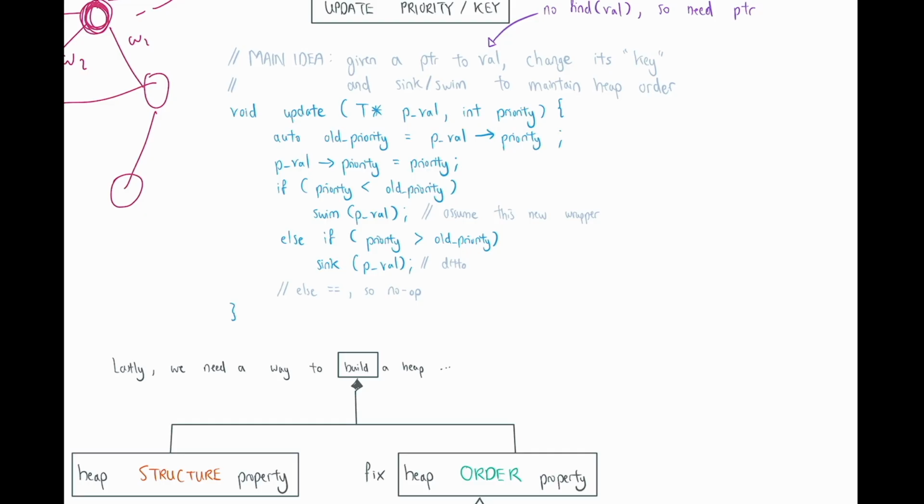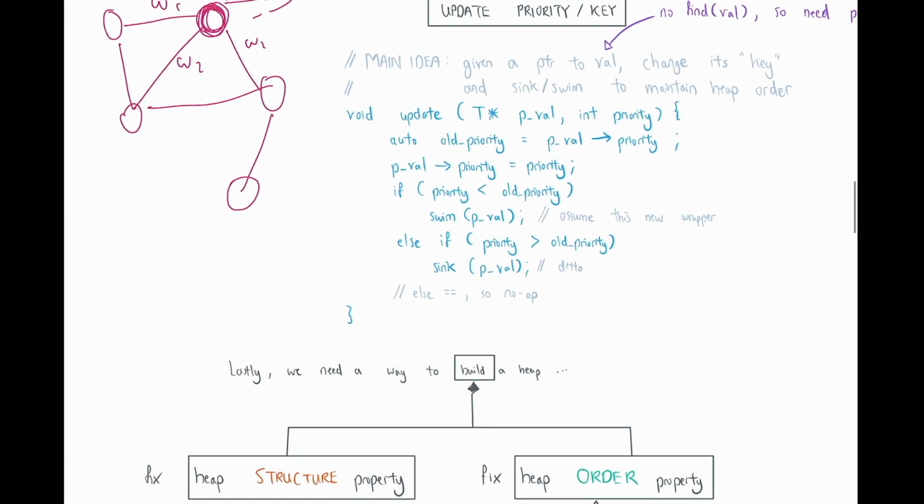Basically, given a reference or pointer to a particular node inside the heap, and the priority to update, we will do this. Firstly, we set the old priority to whatever is currently there, the existing priority.